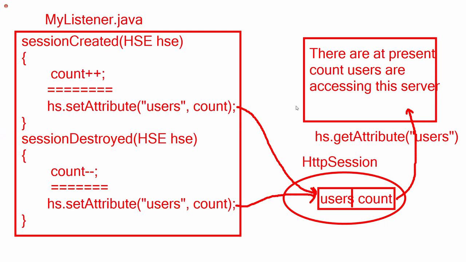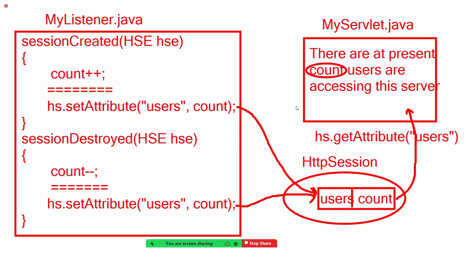Count is a variable: if 5 is there, it shows 5; if 10, it shows 10. It is my servlet.java. This is our task: when a user logs in, count plus plus; when a user logs out, count minus minus. This latest count I'll display here. Okay, write this one. This is our task.